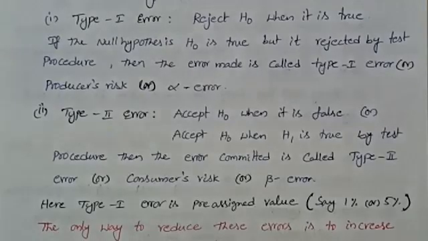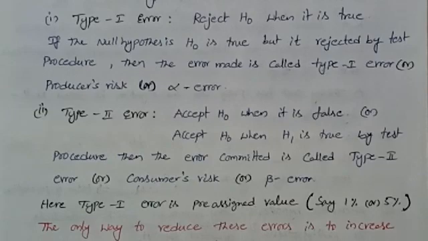Here type 1 error is a pre-assigned value, that is 1% or 5% or 10%. The only way to reduce these errors is to increase the sample size if possible. If we increase the sample size, the errors may not occur as much.